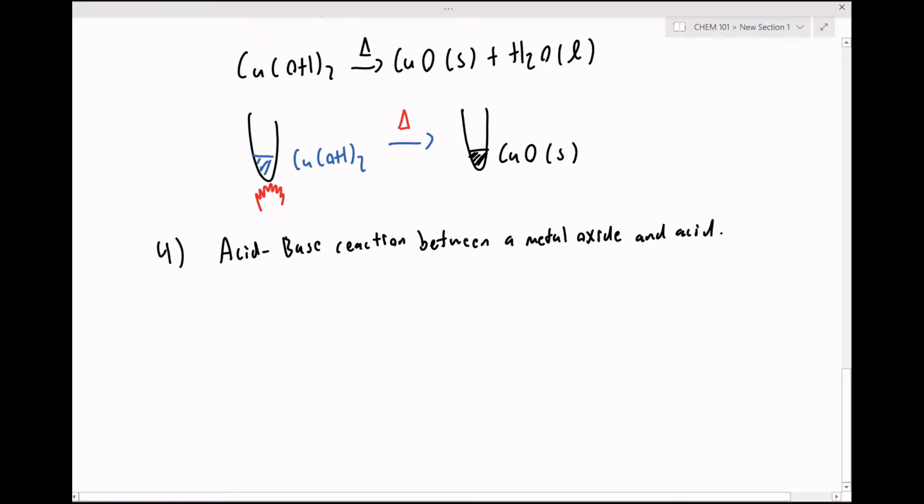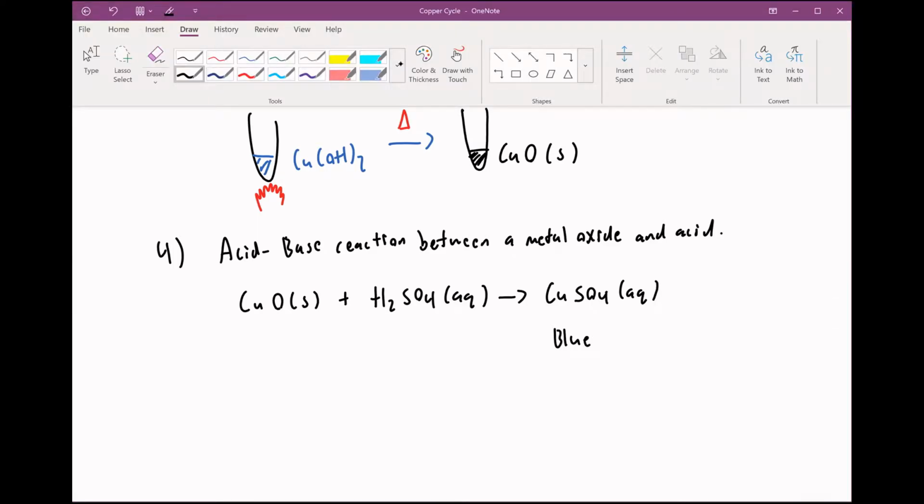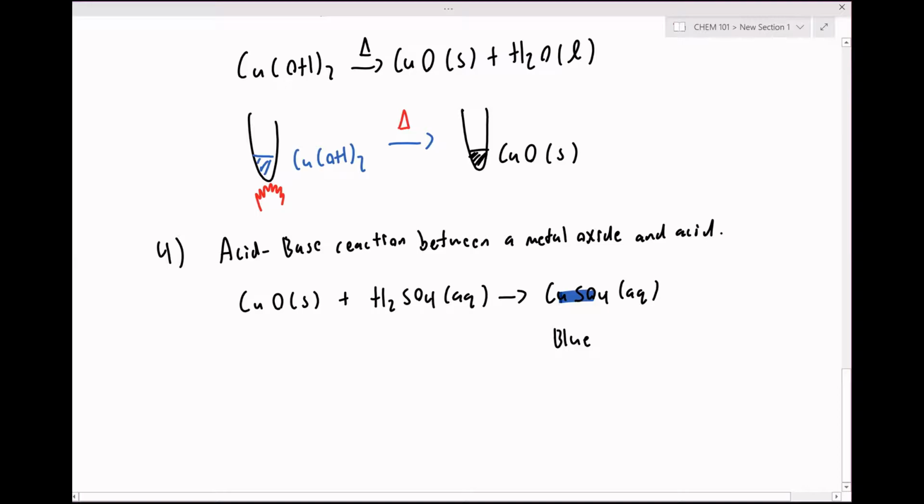So let's talk a little bit about this. In this case, we're taking our copper oxide solid and reacting it with a strong acid, aqueous sulfuric acid. That in turn generates copper sulfate, which is a soluble salt and has a distinct blue color. So let me use my dark blue highlighter and just go over copper sulfate. It has a very distinct dark blue color. And additionally, we also generate some water in this process.